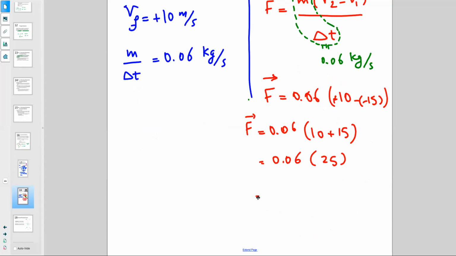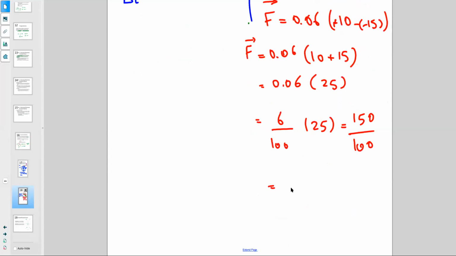So you would end up having 6 over 100 times 25, which is 150 over 100, which is 1.5 newtons. So I just gave it a number to compare. I didn't give it 0. I just gave it 10 meters per second for a second velocity.